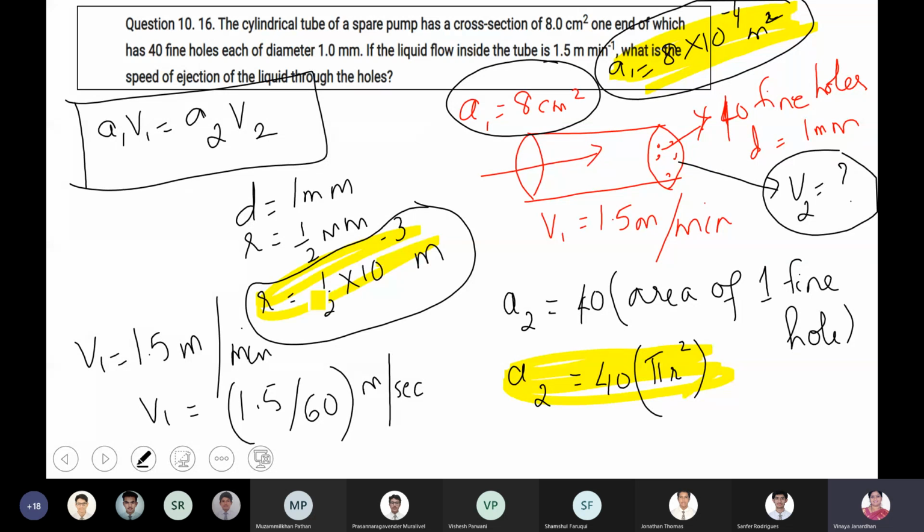V1, just see the highlighted part, because you are converting millimeter to meter, minutes to seconds, centimeter square to meter square. Ma'am, so we should substitute r in A2, right? Correct. And then you have to find V2.